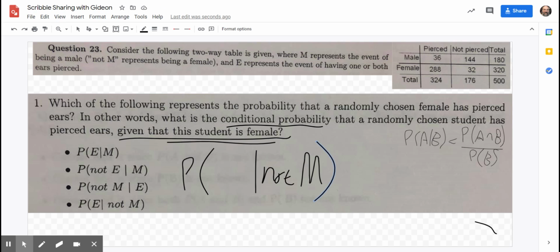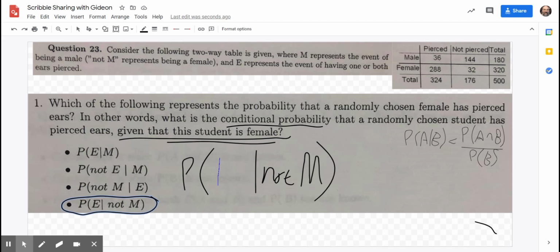Only one of these options has not M, so unless the item writer messed up terribly, that's the answer. We should think it through just in case there were multiple choices with not M.